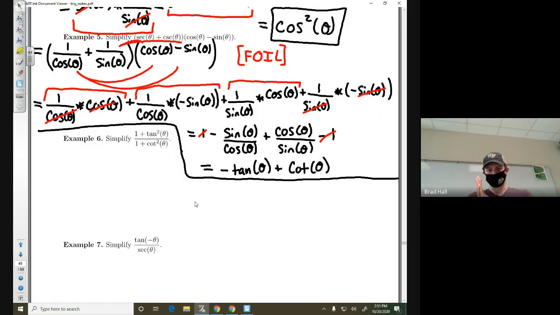Let's look at example 6. Now, example 6 could be really difficult or really easy based off of how you do it, because you could start to convert to sines and cosines.